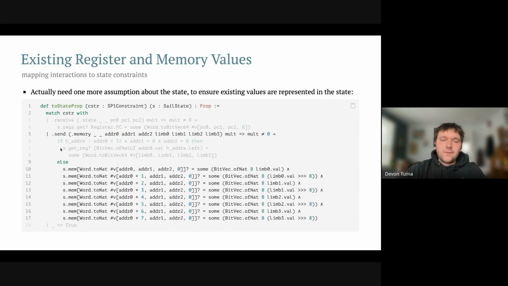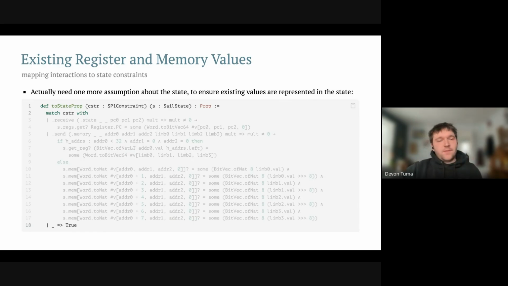You have a sort of mirrored statement for memory, which the memory map in Sail's model is in length 8 chunks instead of 16 chunks, so it actually has to get broken up quite a lot, but it's still just the same idea that we need this basic assumption. And again, in every other case, there's really nothing here.